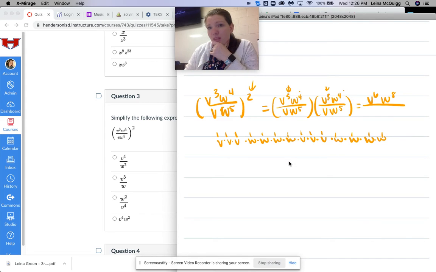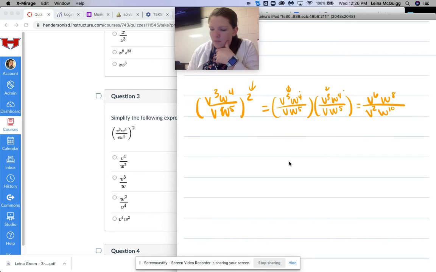Okay. So when we're multiplying things that have the same base, I add up their exponents. So here on the bottom, I have v and v. So there's 2 v's, and I have w5, which is w10. So now I can simplify this even further.